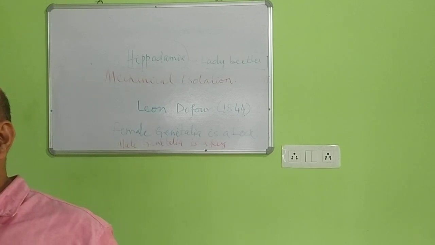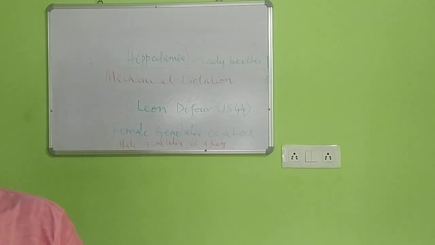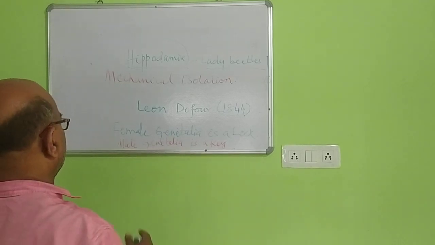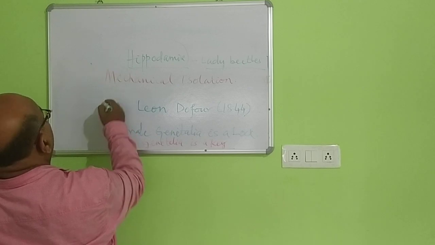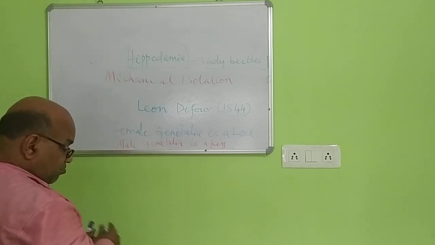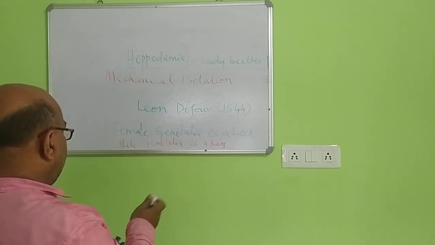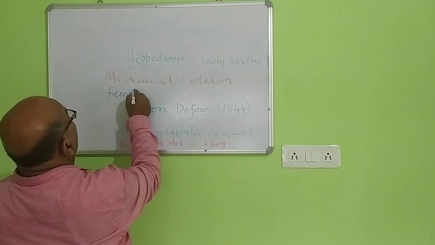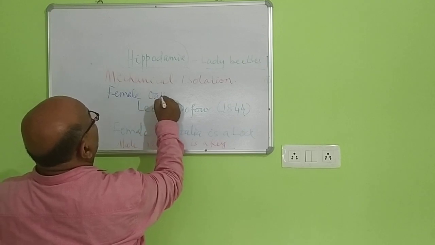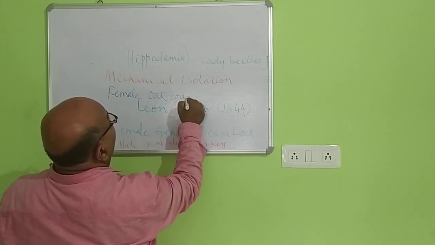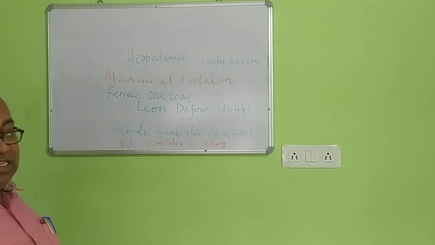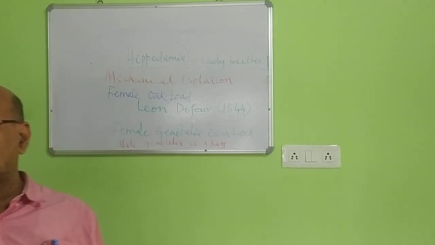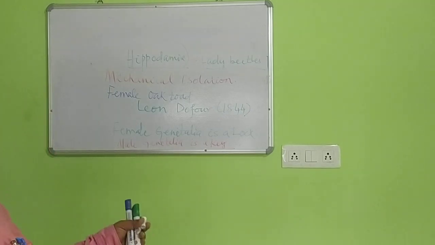For example, the female oak toad. Oak is the largest tree in the USA and also in Britain, equivalent to our banyan tree.